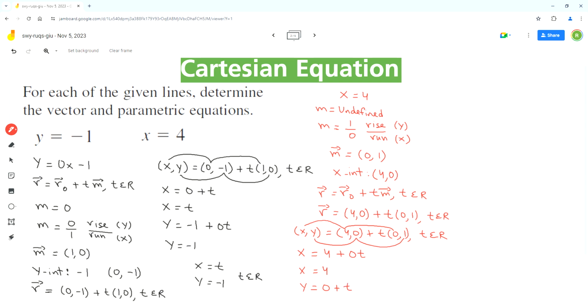So we can ignore the 0 term. So this is the y equation. Now we can write the x and y equations together. So these are the parametric equations for the second line.